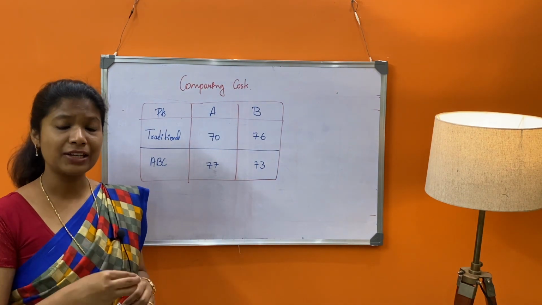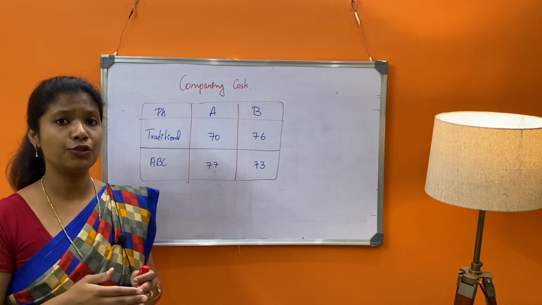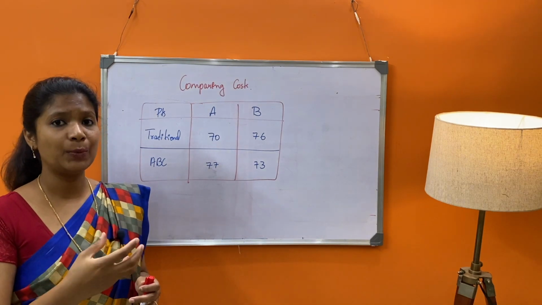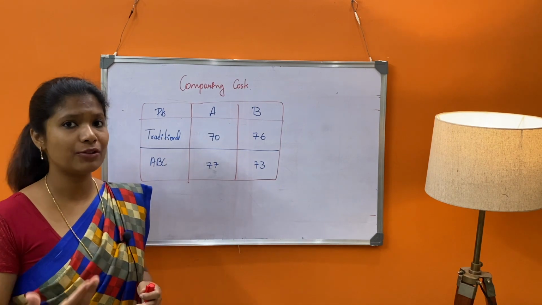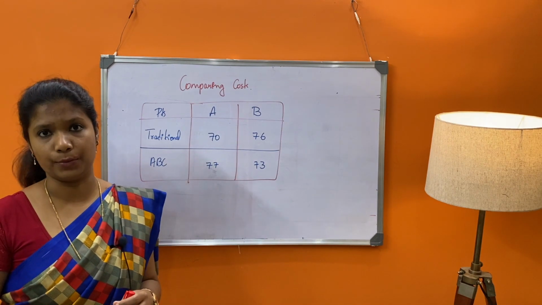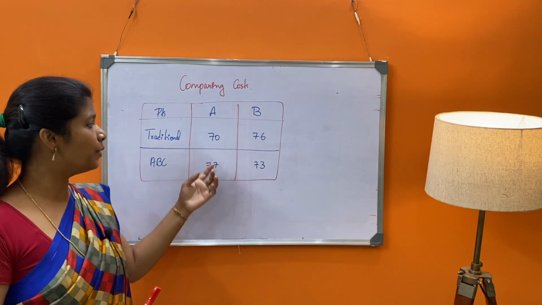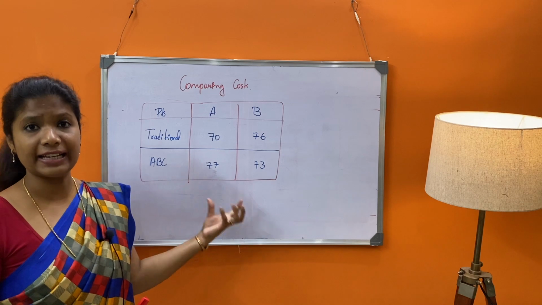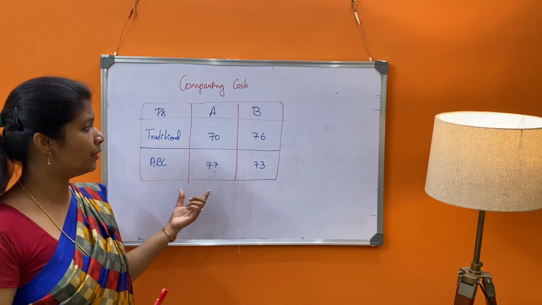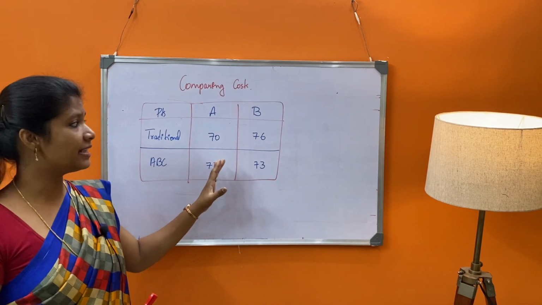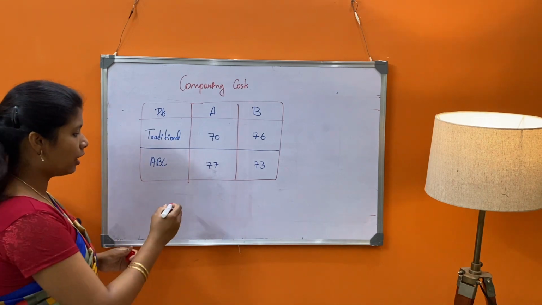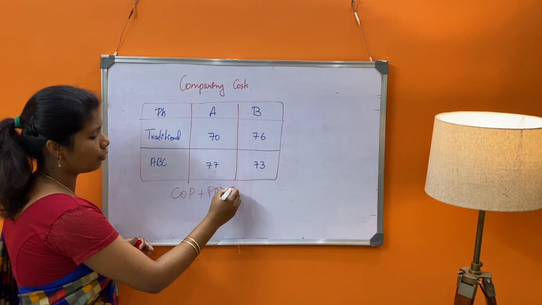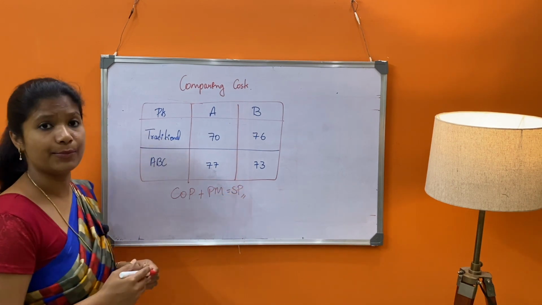So that is why ABC costing is important, to break up the cost and see exactly what amount of activities product A consumed and what amount of activities product B consumed. Now you may say this is a very small difference, so how could that affect a company? I would tell you, this is my cost of production, and cost of production plus your profit margin gives you the selling price. Yes or no?